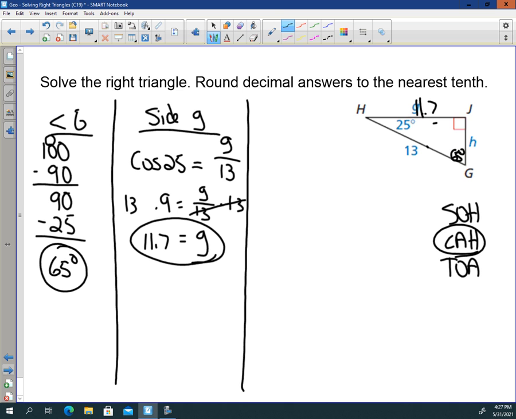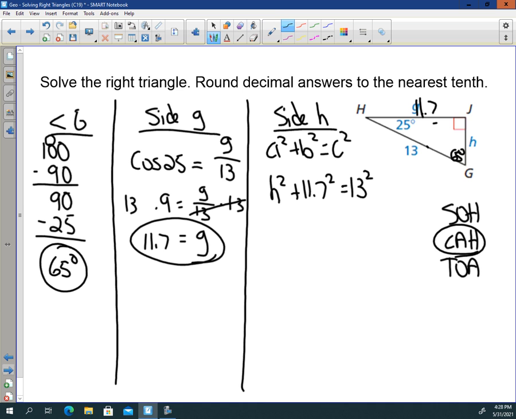So I can find side H because I know two sides of a right triangle and I want the third, side H. Because I have the Pythagorean theorem. Let's see, h squared plus 11.7 squared equals 13 squared.